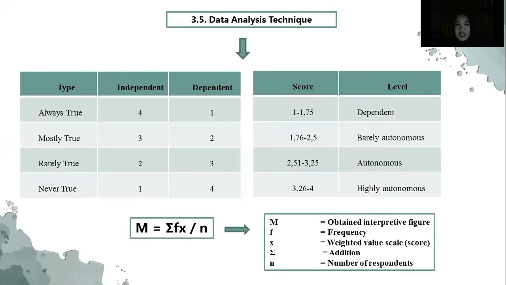And the last in methodology is data analysis technique. In data analysis technique, the researcher will use the questionnaire adopted from Golami as an instrument. And also to measure the interpretation of the data using a Likert scale.